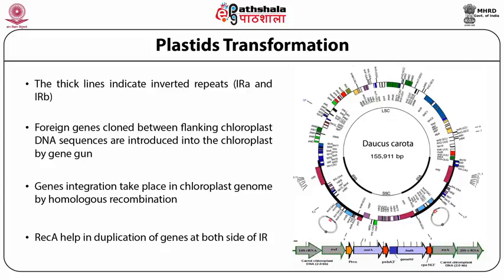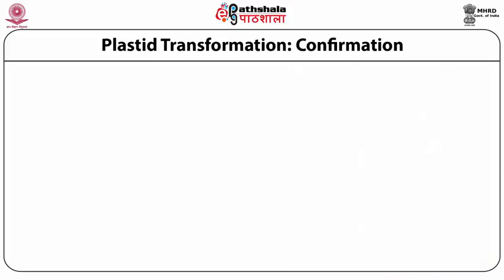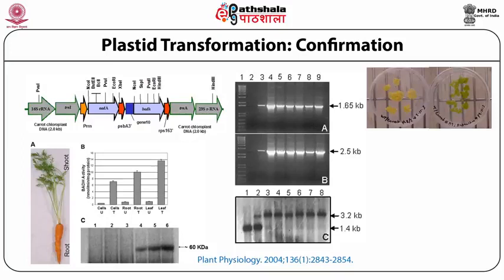So this is the beauty of chloroplast transformation: you insert your construct at one side, like inverted repeat A, and it will also get integrated at the other site by the RecA gene. This is how you can transform the chloroplast, as we have discussed.